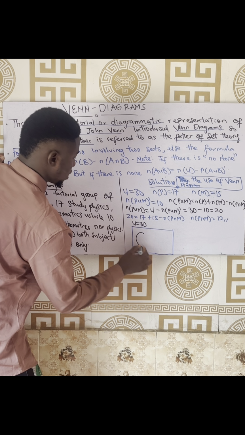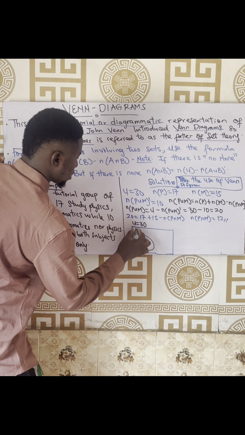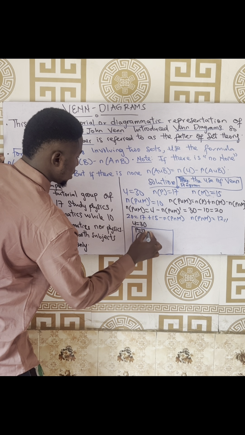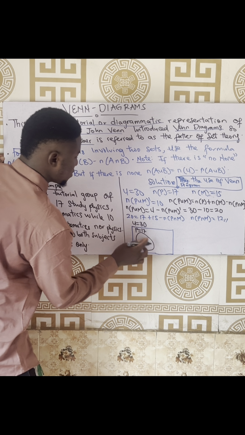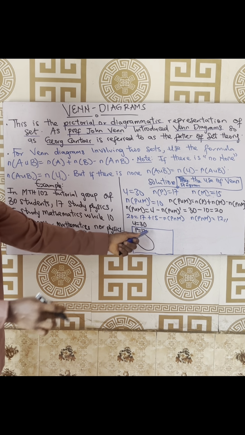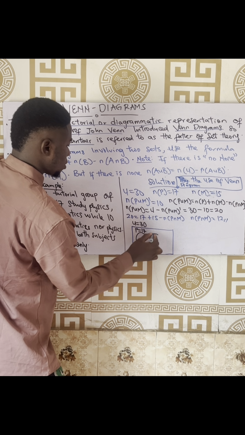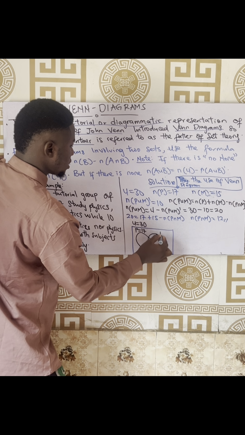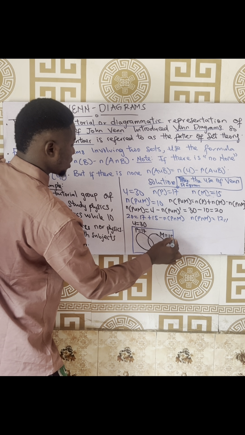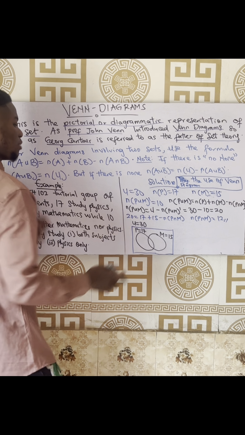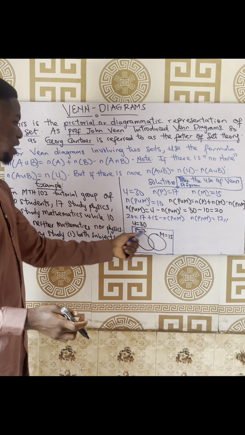If you just draw a circle like this, physics, that is 17. This simply means that the addition of everything inside this circle must give us 17. So we also have those that did mathematics. If we draw it, this is mathematics, and that is equal to 15. So this center will be representing the intersection of P and N.